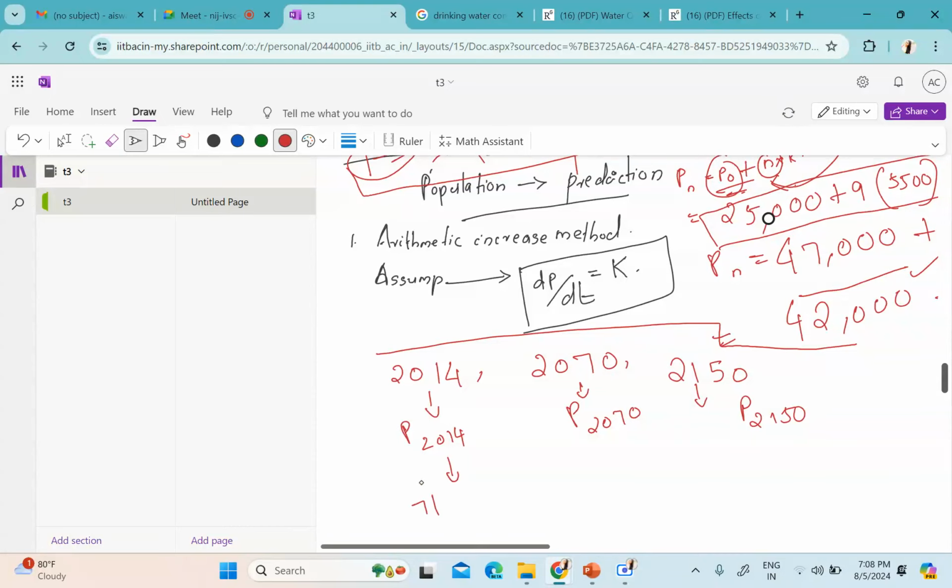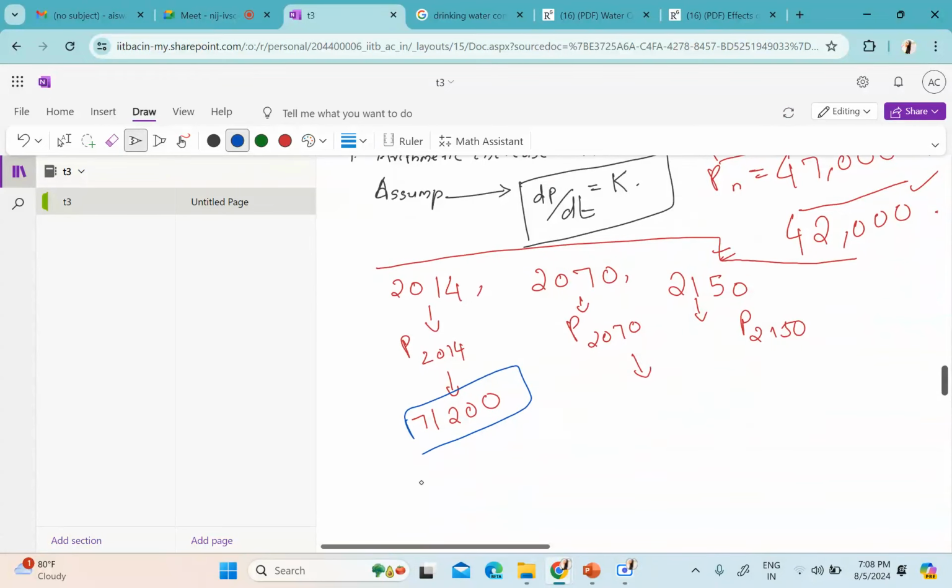2070, 1 lakh 2000, right? Then for P 2150.